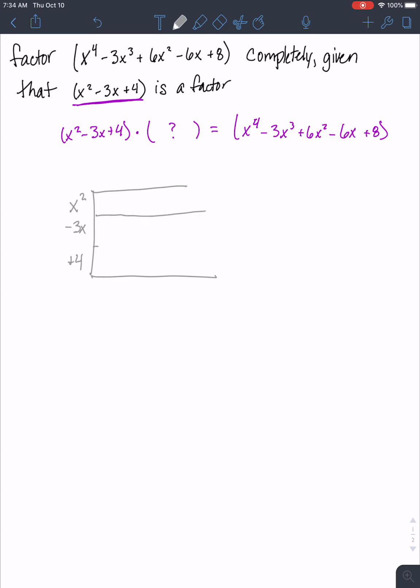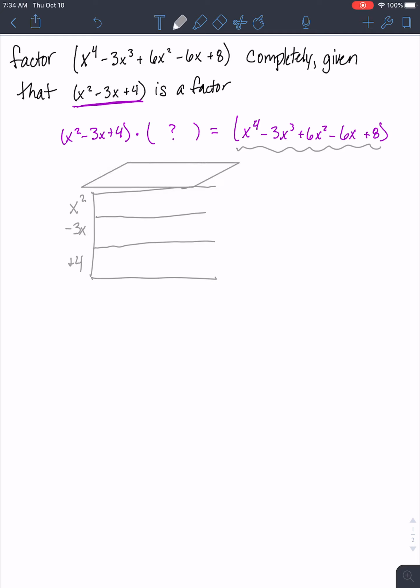So we're going to set up our rectangle in this way. Again, I could put it the other way. It makes no difference. This is just the convention that I use. And then we are trying to construct that polynomial on the inside, on my rectangle, in order to figure out what the other factor is that goes out here. That's the question that we're trying to answer right now.